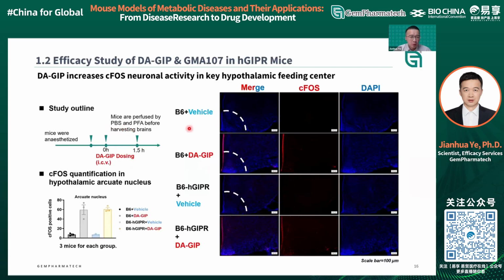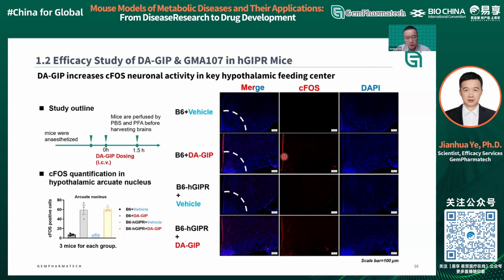And then we also collected the brain from the mice. Based on literature, we know that the DAGIP controls food intake through the central nervous system, and it will activate the expression of the c-Fos gene in the central nervous system, especially the hypothalamic feeding center.